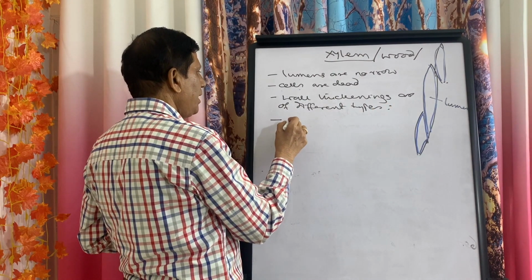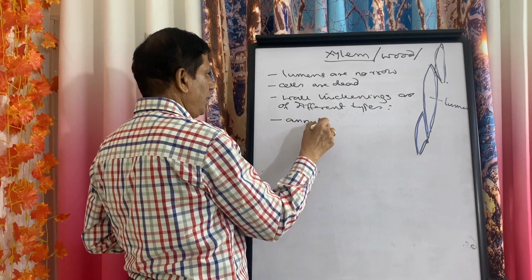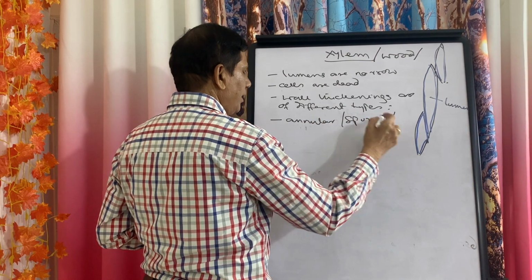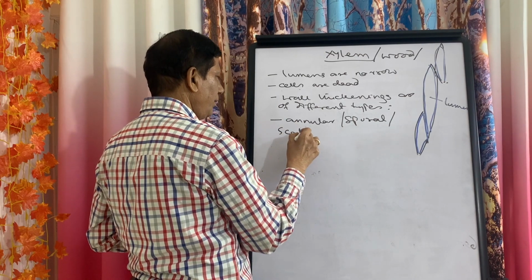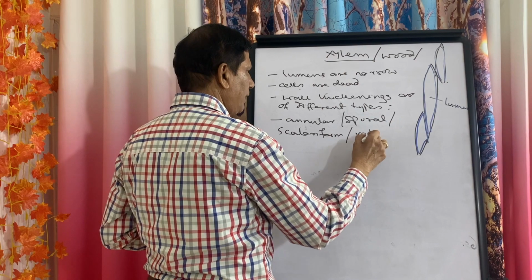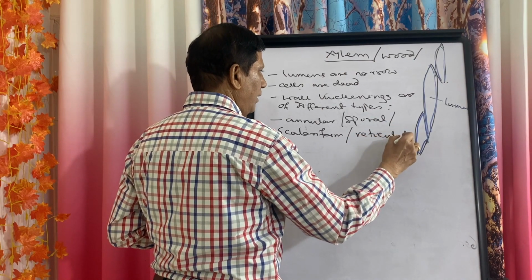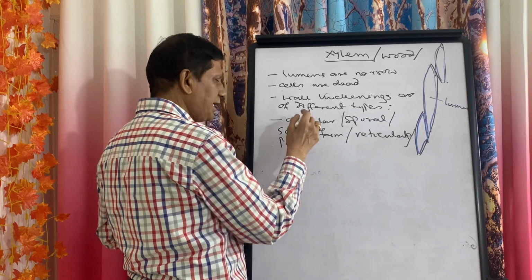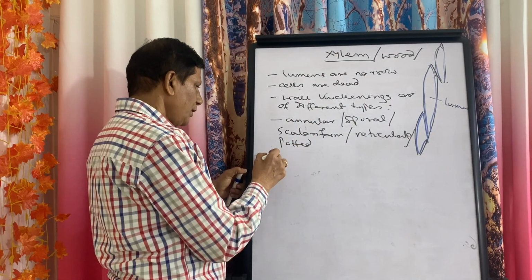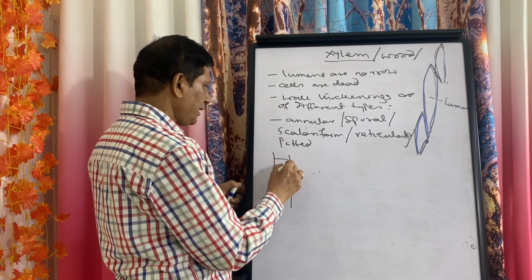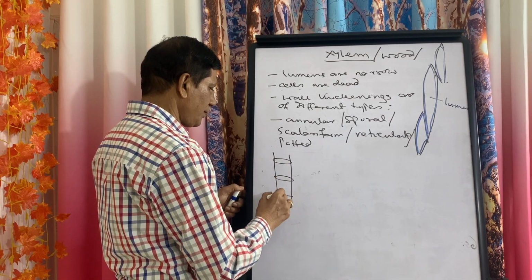It may be annular, or spiral, or scalariform, or reticulate, or pitted. These are the different types of thickenings. Now, suppose this is one tracheid, and the thickenings are present like this.